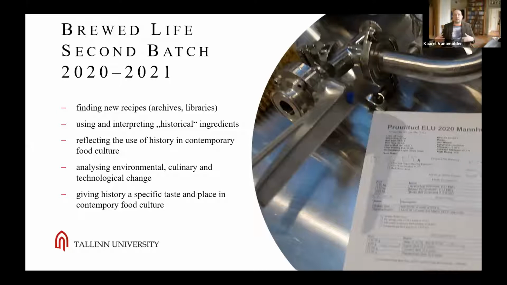When we deal with the local past here, with the local history, everything is written in German mainly. And then we started to interpret, or try to understand, these recipes, for instance the recipes of the 17th, 18th century.